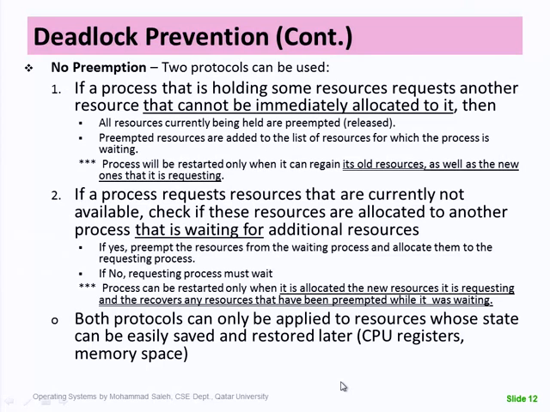So in that case, we preempt these resources from the waiting process and allocate them to the process that is requesting them. If not, then the process has to wait. If these resources are with an active process, not a waiting process, then you cannot allocate them, and in this case, it has to wait. And by that, it will be losing the resources that it was holding as well.